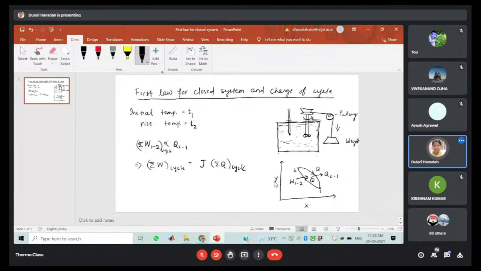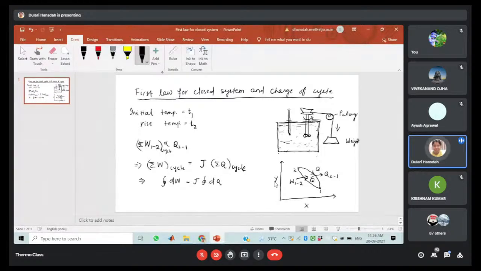These two are equal in case of the cycle. Okay, so it is your algebraic expression. This one we can also write as the cyclic integral of dW is equal to the cyclic integral of dQ.